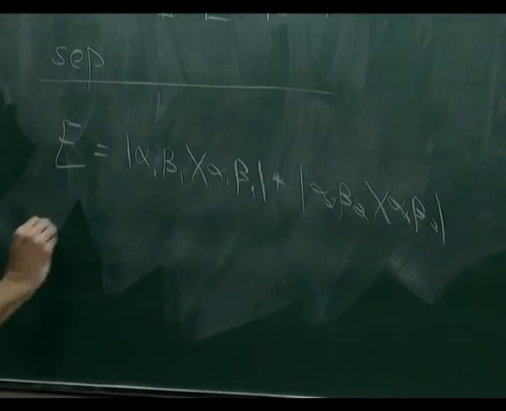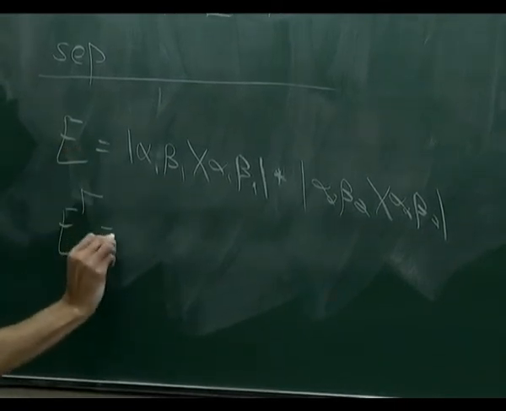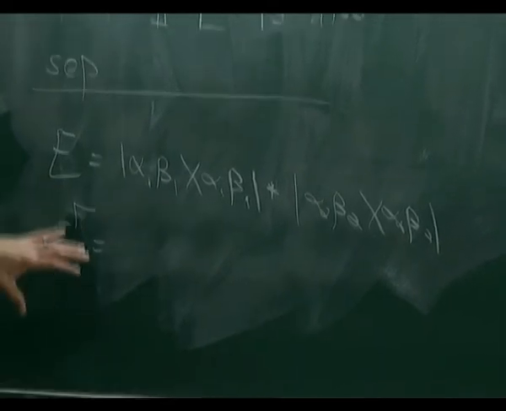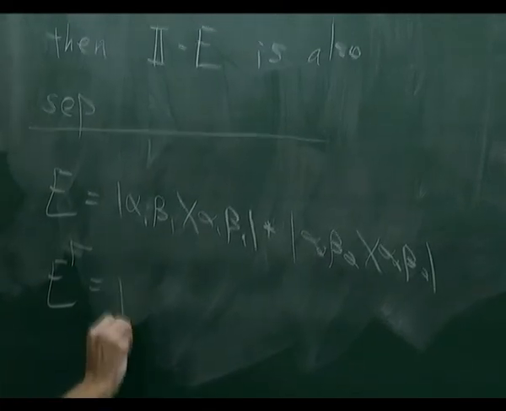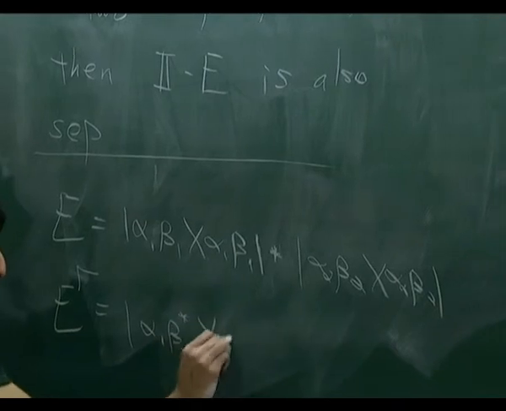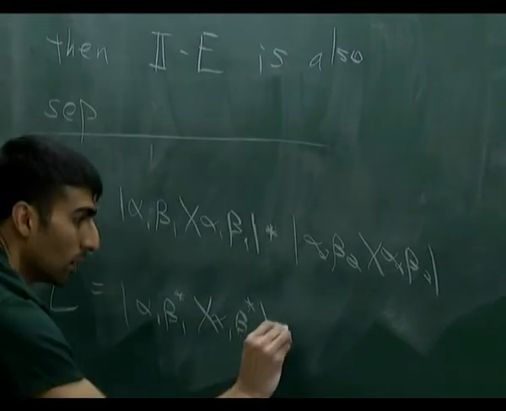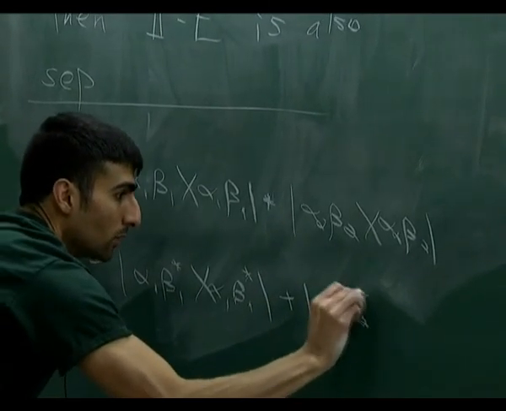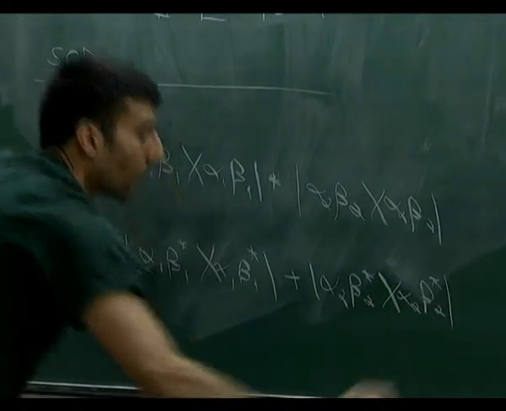Okay, so if you haven't seen this partial transpose operation before, I can talk about it maybe in the tutorial a bit more. But this is just going to give us beta 1 star, alpha 1, beta 1 star, plus alpha 2, beta 2 star, alpha 2, beta 2 star.